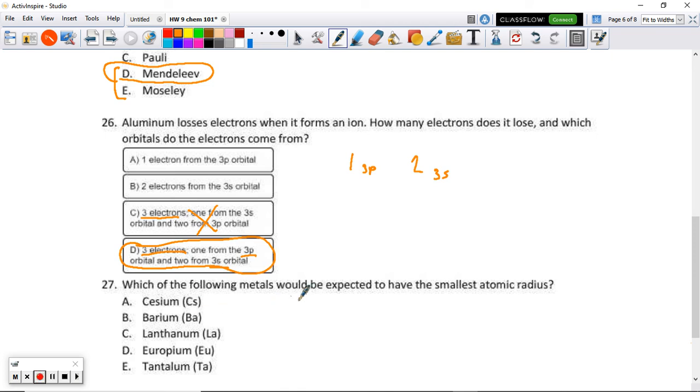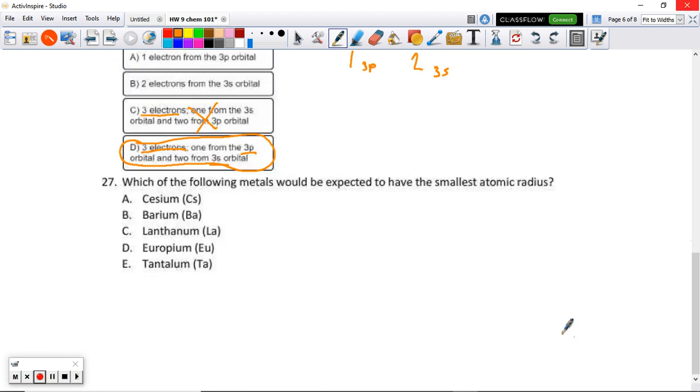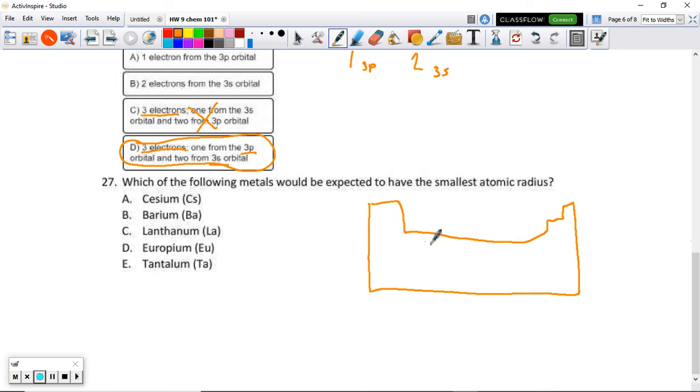All right, which of the following metals would you expect to have the smallest atomic radius? Remember atomic radius. If this is our general periodic table, and I know it's not great, but remember radius is larger as we go in this direction.